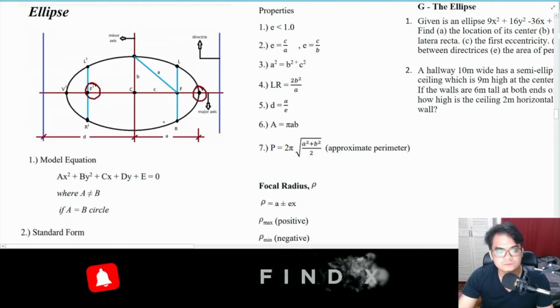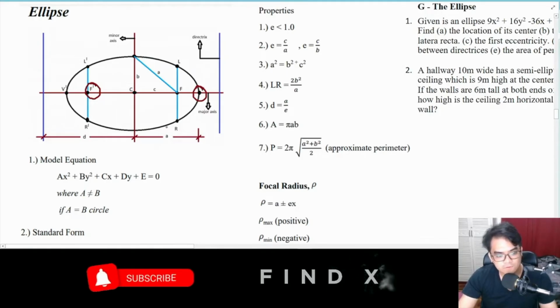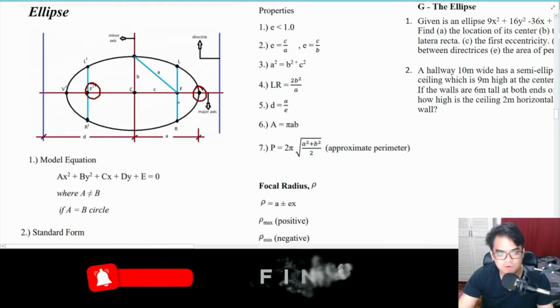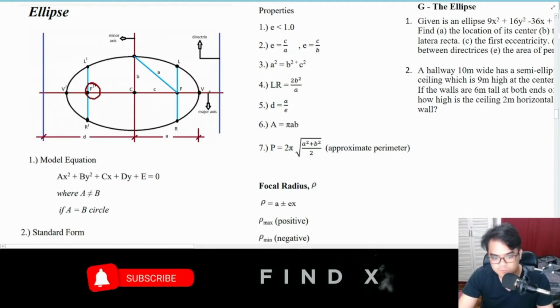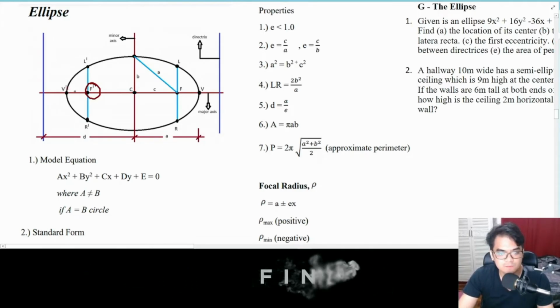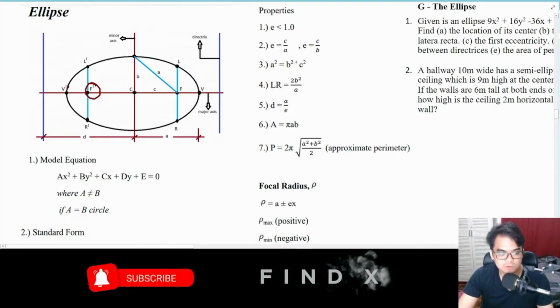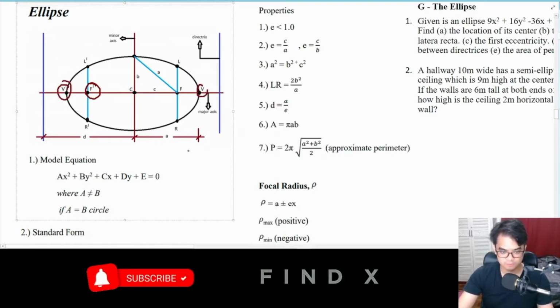So we have here A, which is the distance of center to vertex, that is the semi-major axis. That's A. If you want to find the major axis, you have to times it by 2. So vertex to vertex, that will be 2A, right?